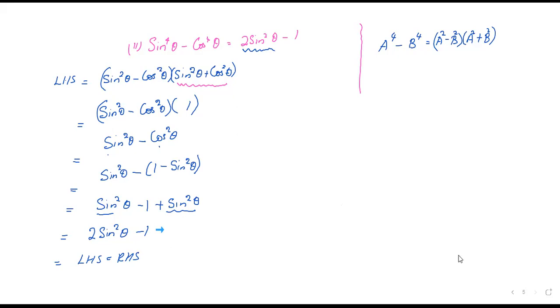The last one will be sine theta into 1 plus cos theta is equal to 1 minus the cos of theta into the sine of theta.